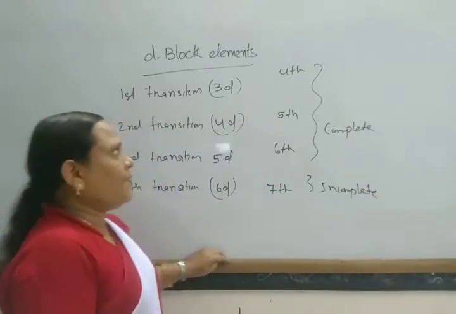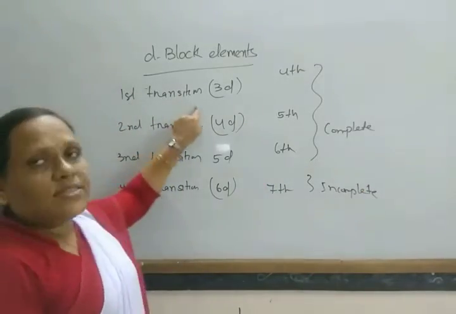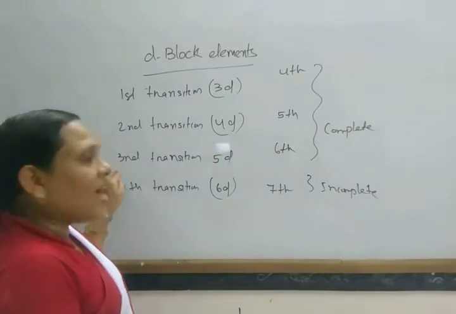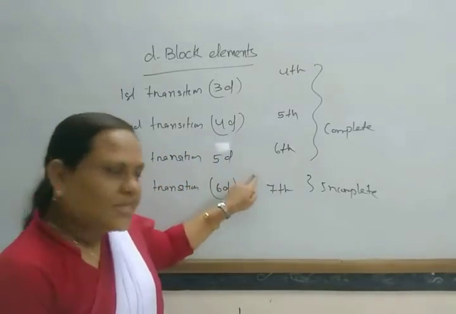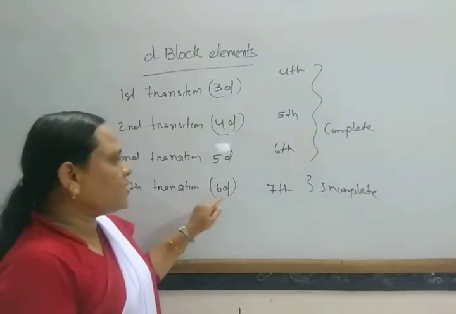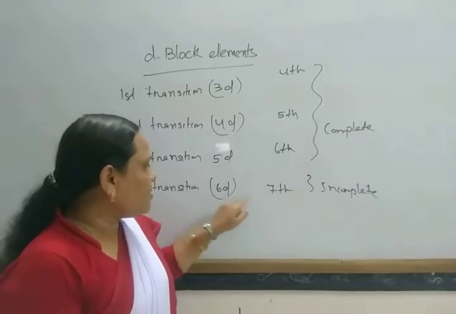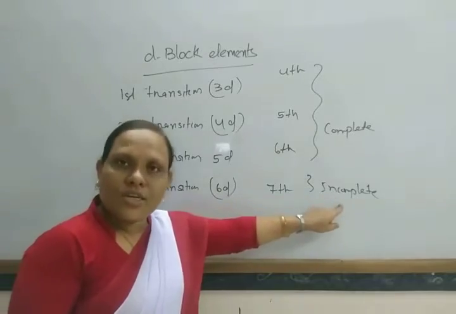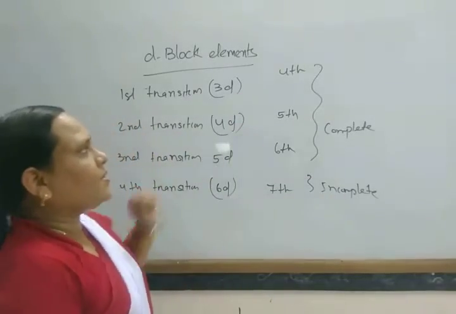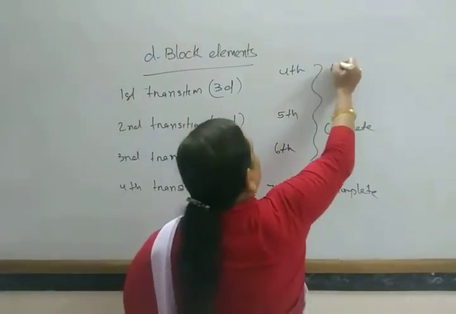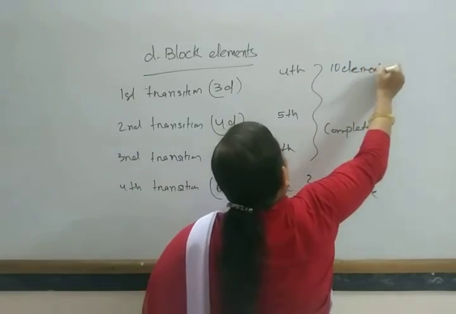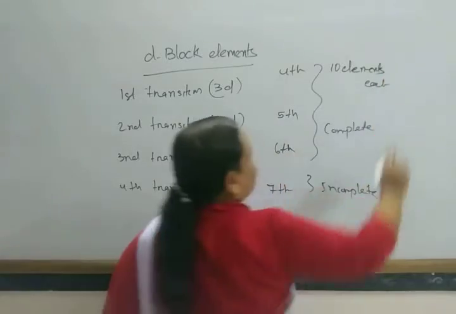So the first transition series is also known as the 3D series, the second as the 4D series, the third as the 5D series, and the fourth as the 6D series. This is present in the 7th period, and this is an incomplete series. And all the others contain 10 elements each.